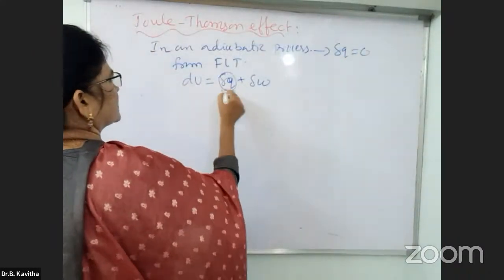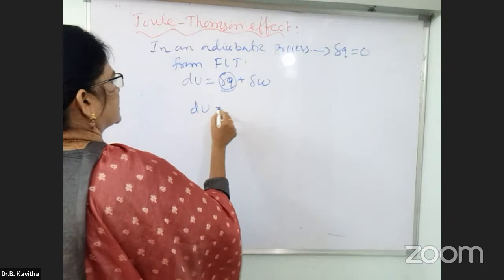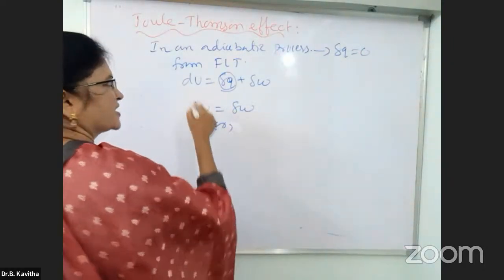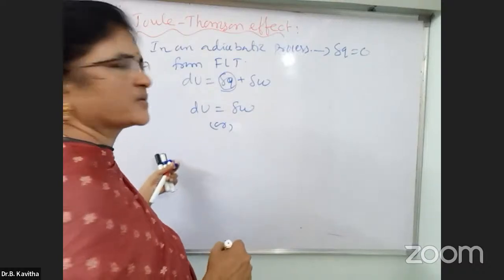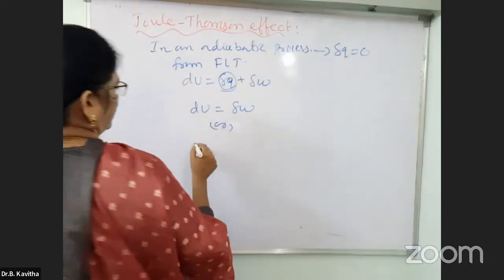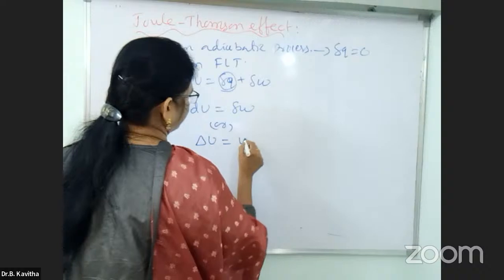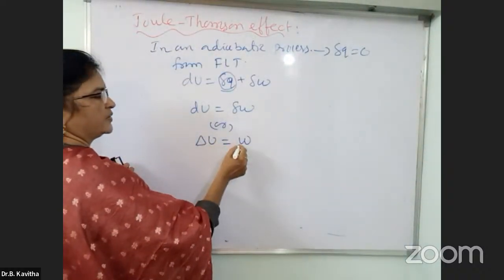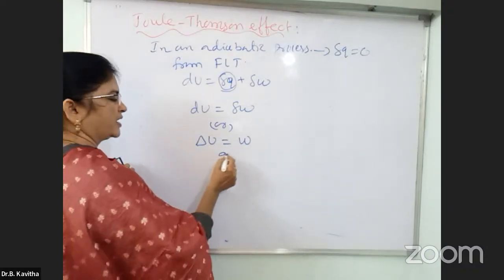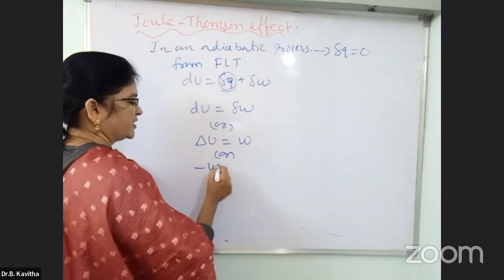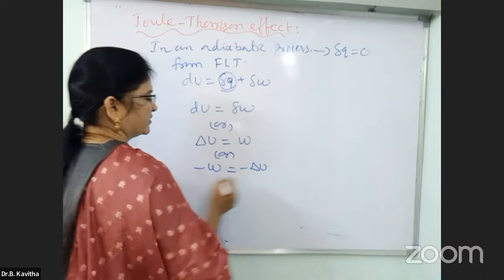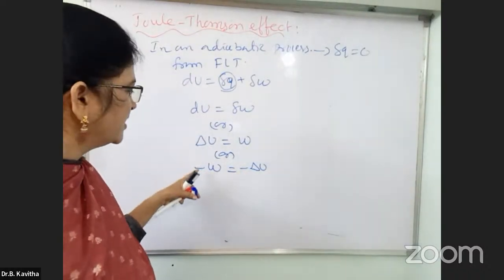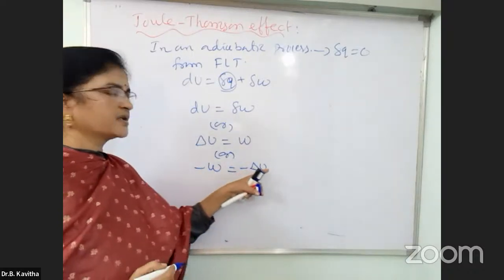Therefore, if you substitute dou q as 0 here, you get dou u is equal to dou w. Delta u is equal to w. Or you can write, multiplying both sides by minus, minus w is equal to minus delta u.